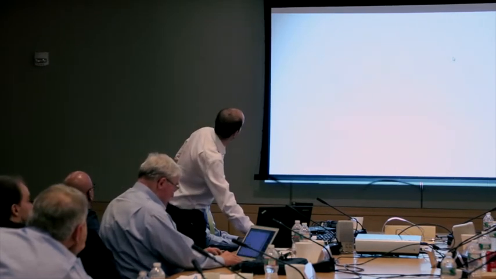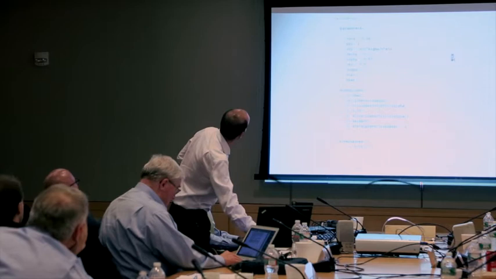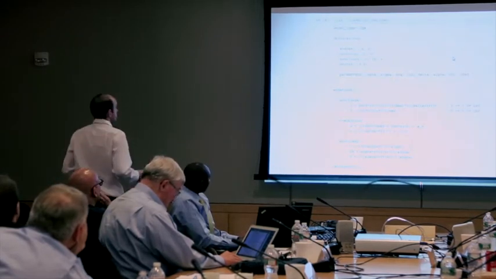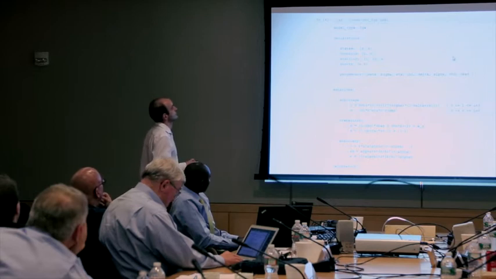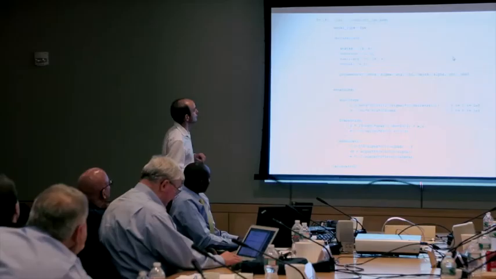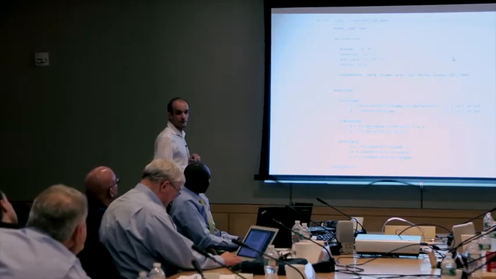So in the file corresponding to that simple model, basically you say which are the states, the controls, auxiliary variables, and you give a set of parameters. This is the declarations block. So you define symbols. Then you use symbols to define equations.